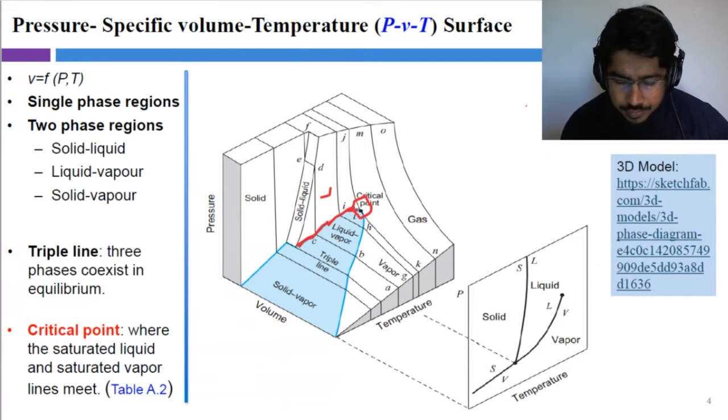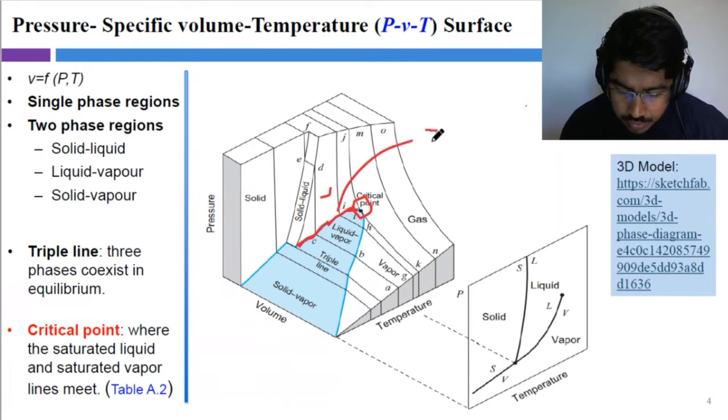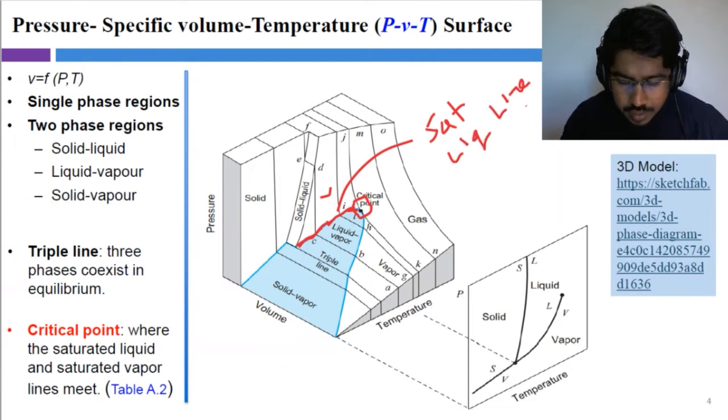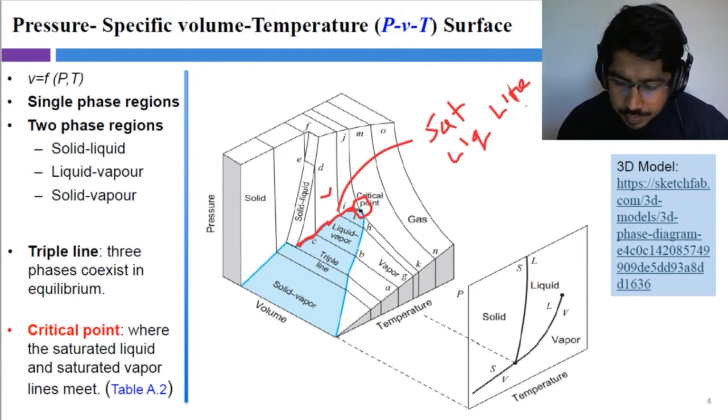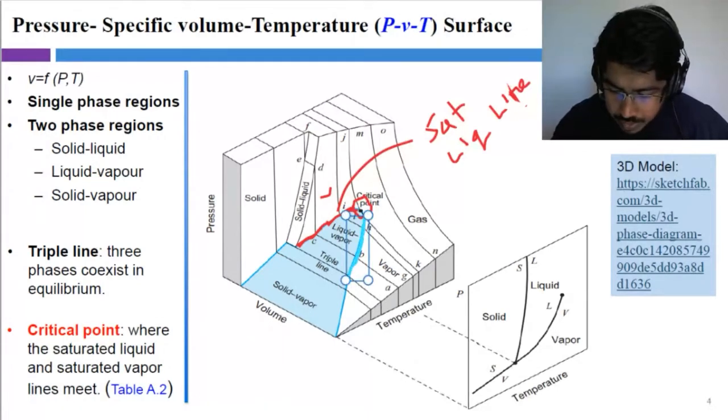We call this the saturated liquid line, right? Now similarly, on the other side we have this line. Let me pick another color.